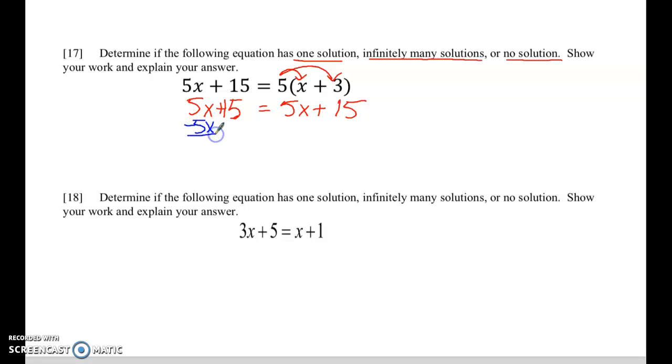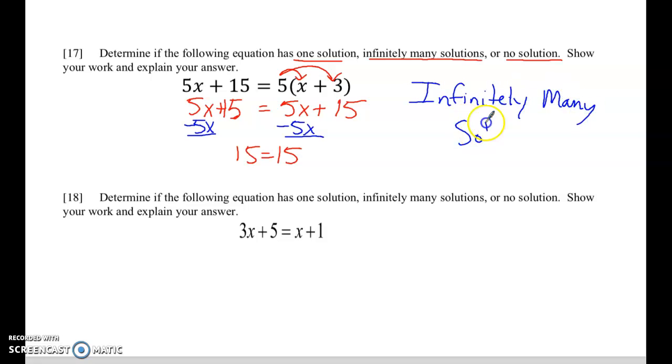I'm going to minus 5x, and that gives me 15 equals 15. My variables canceled and I'm left with a true statement. So that means my answer is infinitely many solutions.